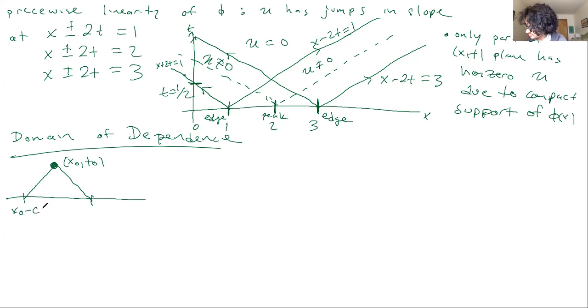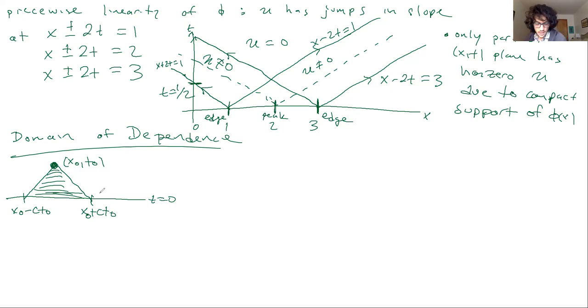Well, if you look backward in time, maybe back to the point t equals 0 here, the region that matters is this box, right here. That's your domain of dependence.